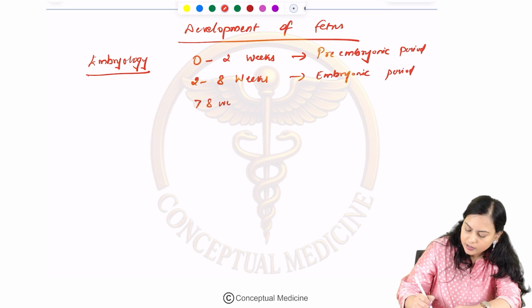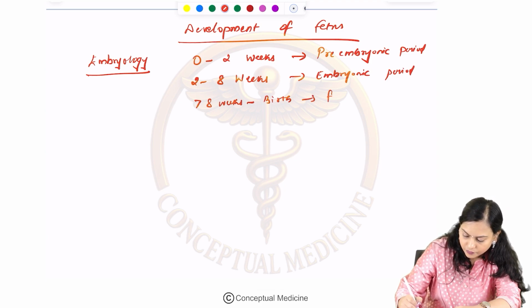After 8 weeks till birth is known as the fetal period.